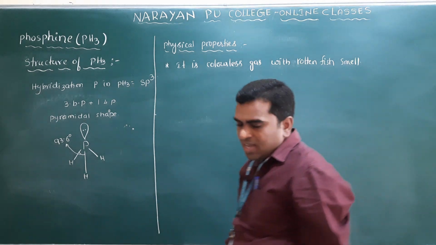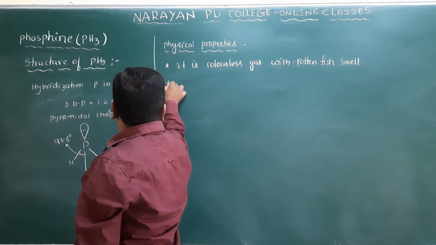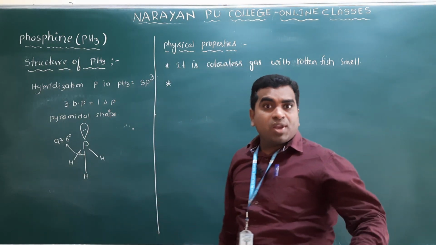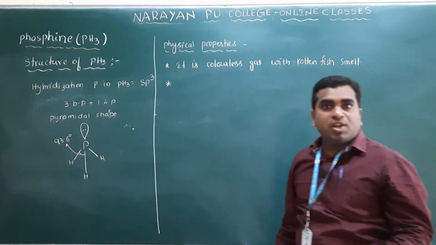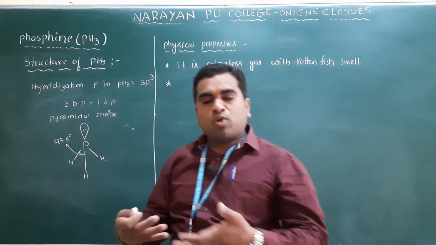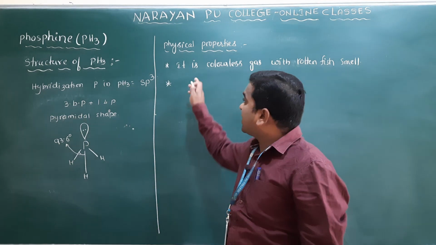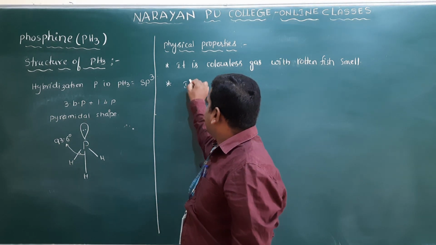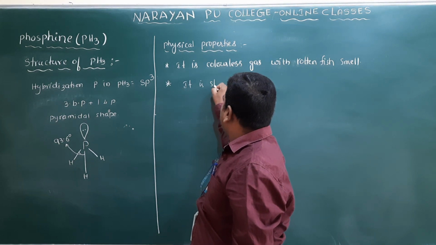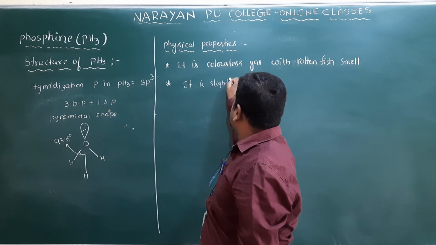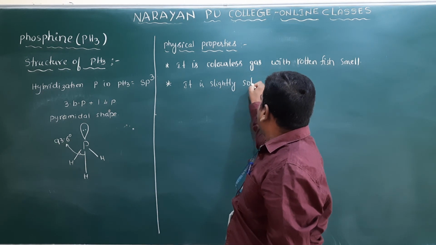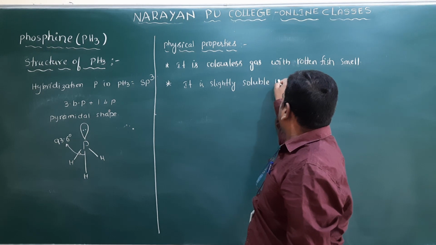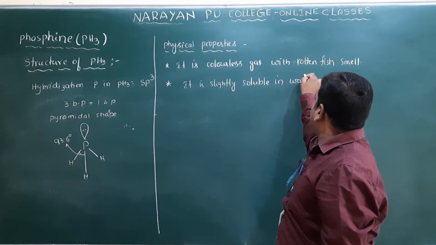This is slightly soluble in water. Why? Because ammonia is highly soluble in water, since it can form hydrogen bonds with the water molecule, but phosphine cannot. That's why it is slightly soluble in water.